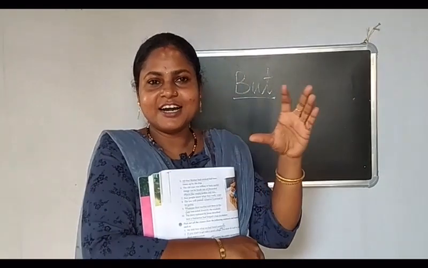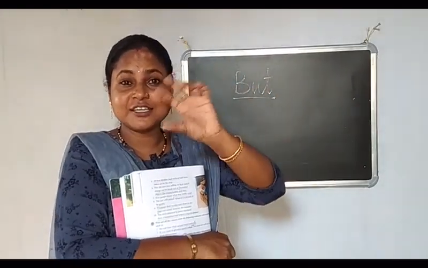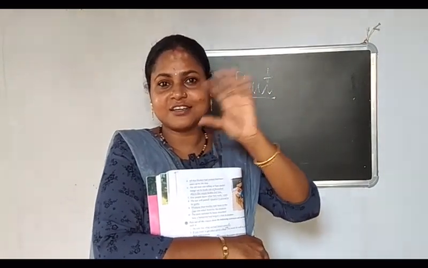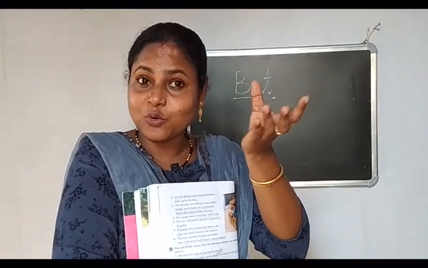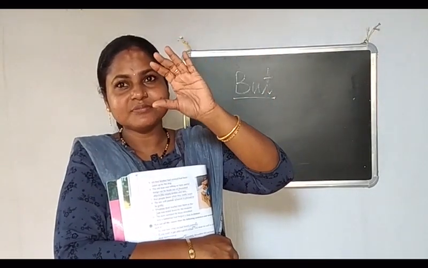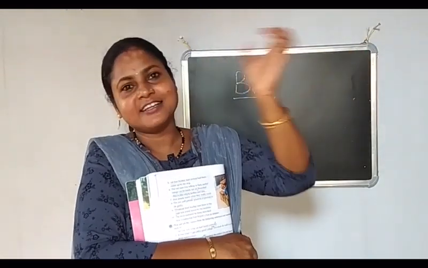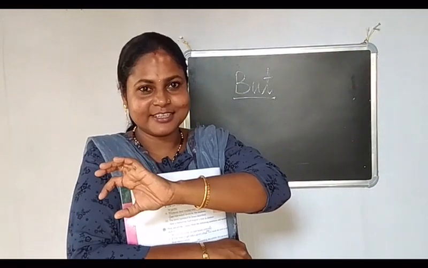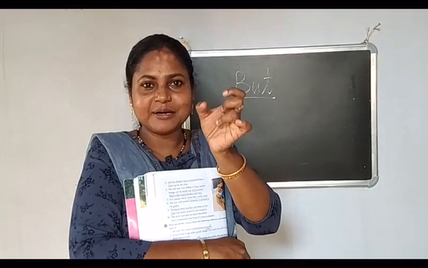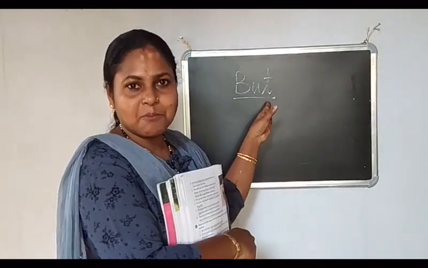They are used to join the things that are in contrast. Okay, they are contrasting, that means they have a difference. One may be saying one thing and the other may be saying another thing. So we want to join them both. We use this but.